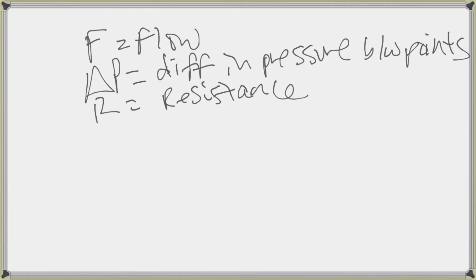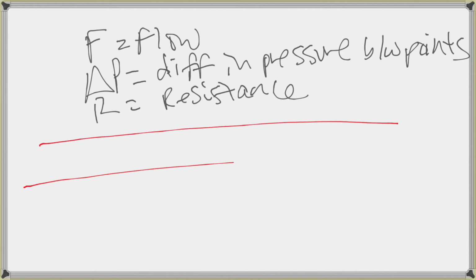So let's make a theoretical blood vessel for a second. Here is a blood vessel, and here is point 1, and here is point 2, each of which has a pressure associated with it. You probably know, but I'll just tell you that pressure is measured in millimeters of mercury.